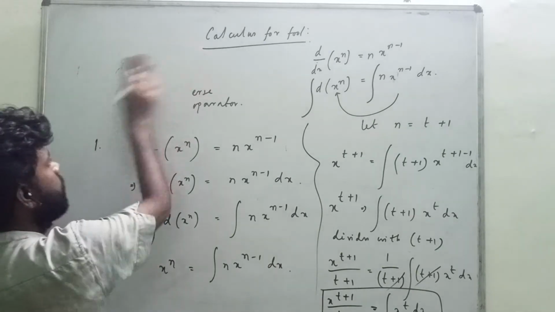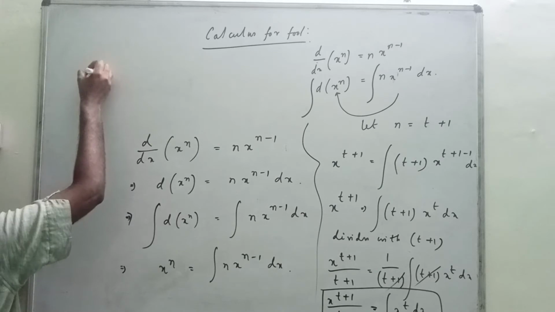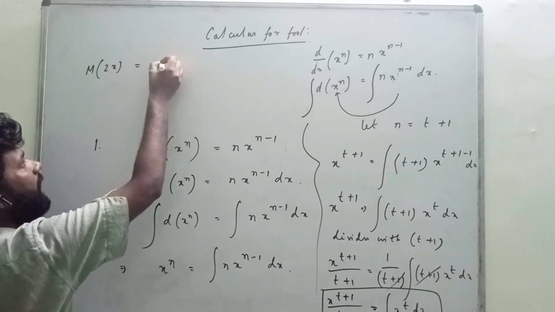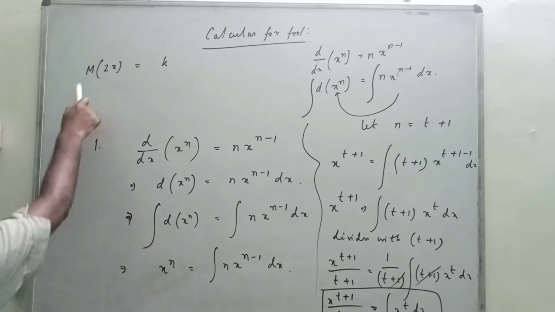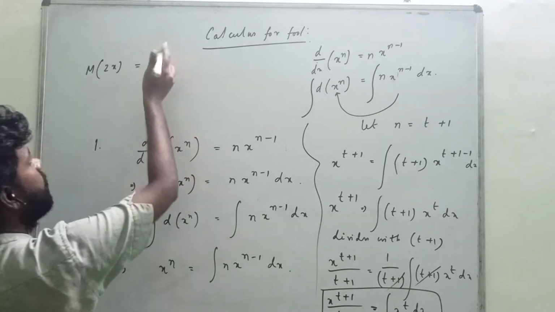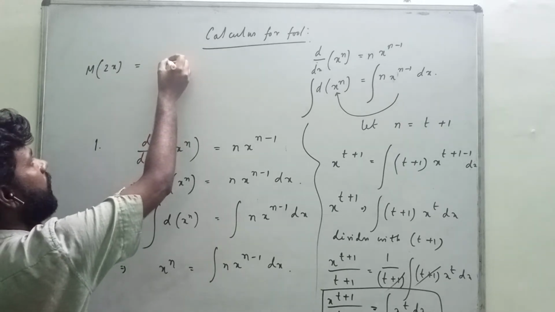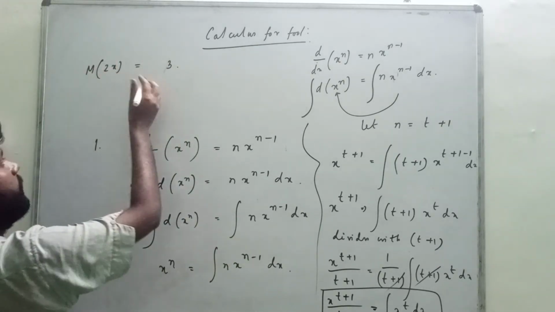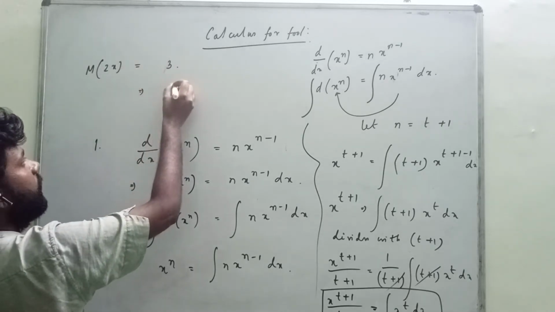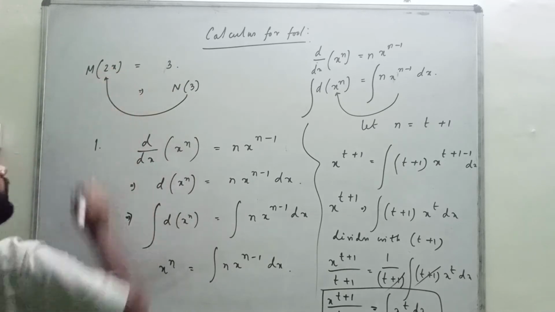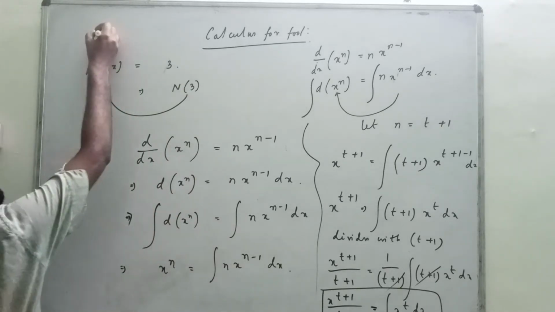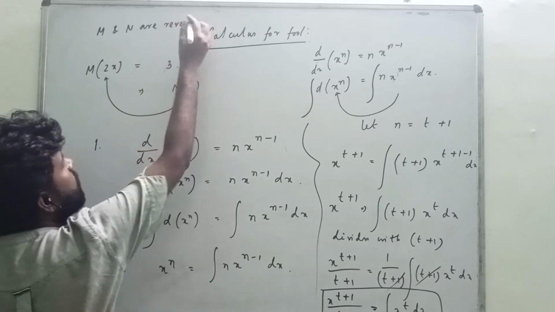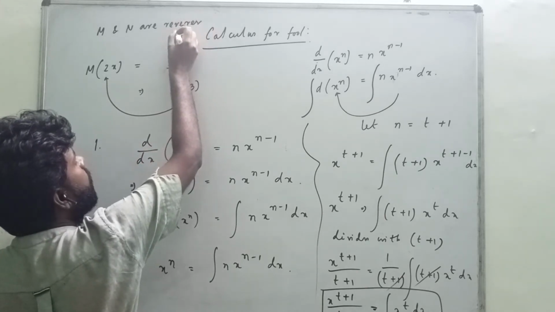So if m operates on 2x and the value of this thing is somehow 3, then if you use the reverse operator n on 3, it will go to 2x, right? So m and n are just reverse operators.